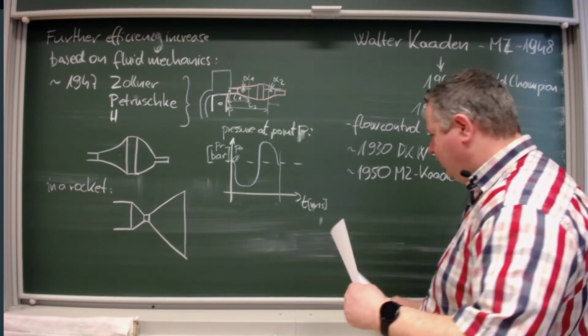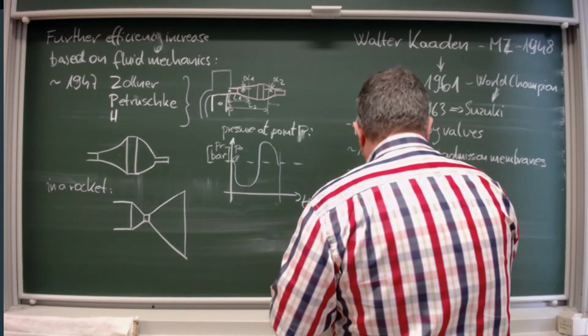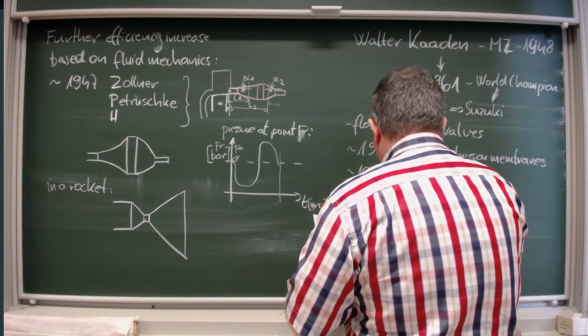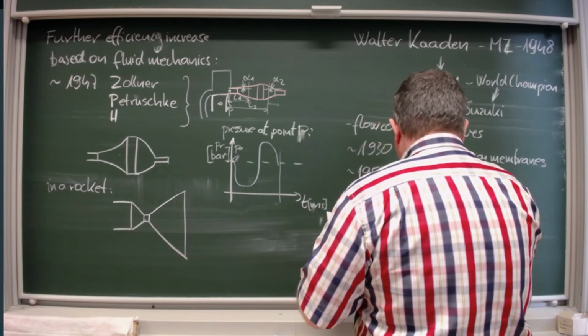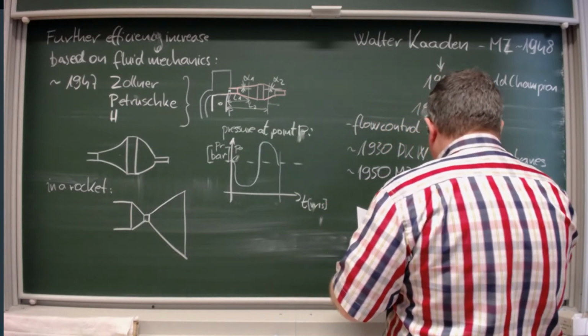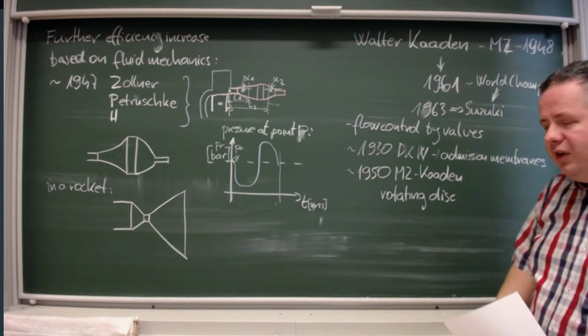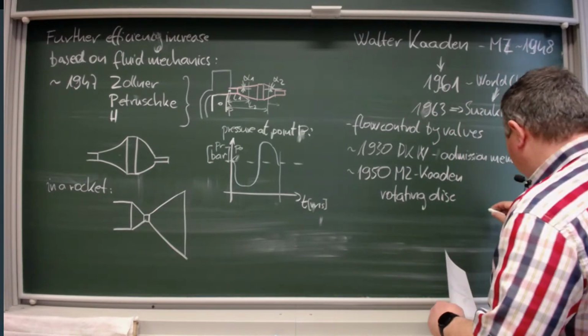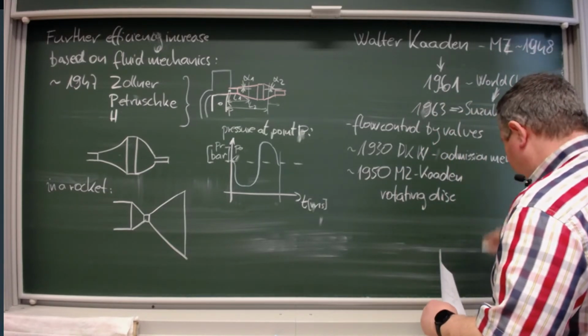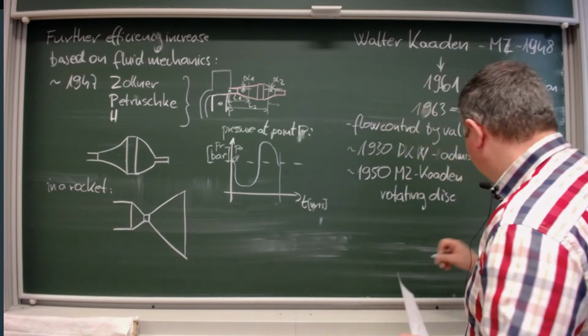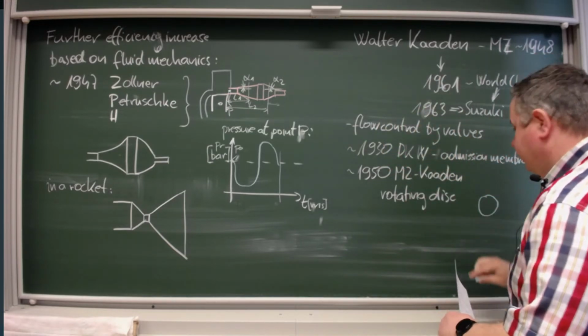And he had the idea of using a rotating disc for the inlet. And it's really easy. You get a tubular cross-section in the admission.